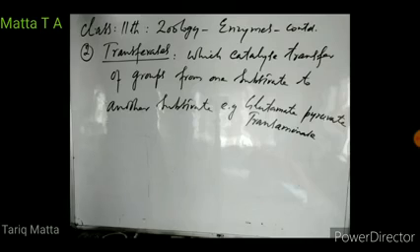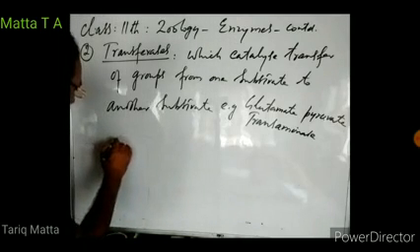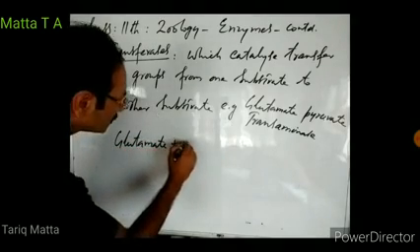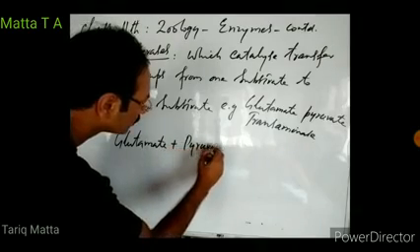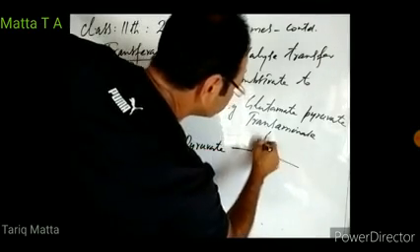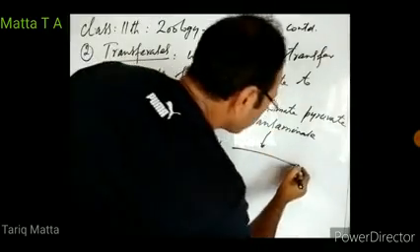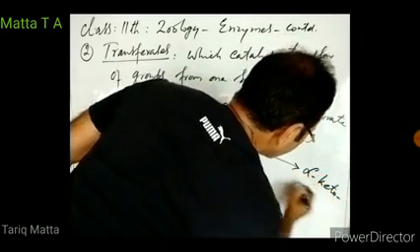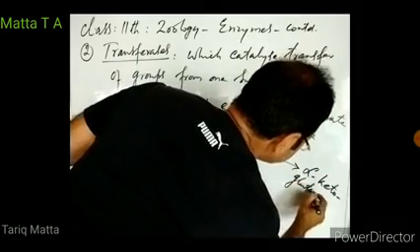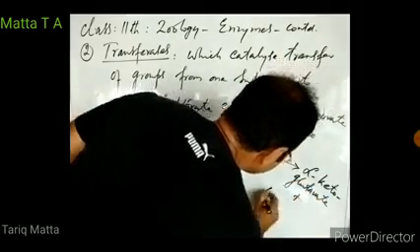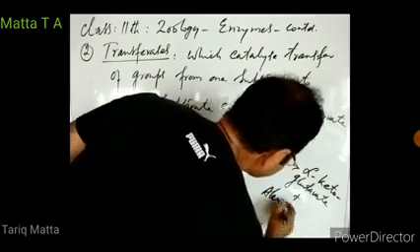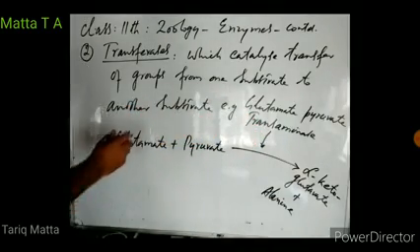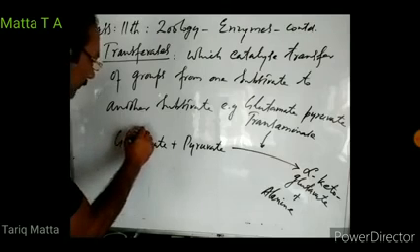It catalyzes the transfer of groups, amino groups, from the substrate glutamate to substrate pyruvate, and it forms alpha ketoglutarate plus alanine.